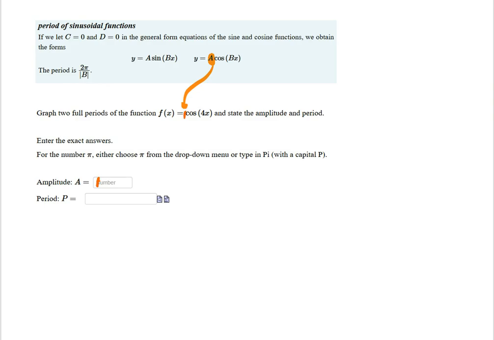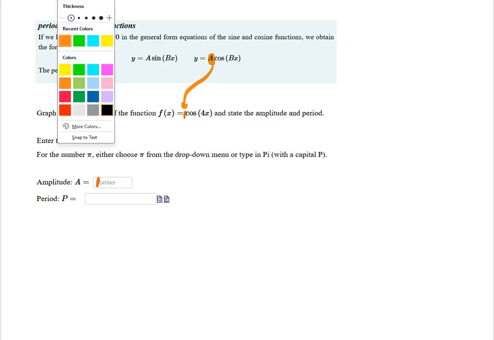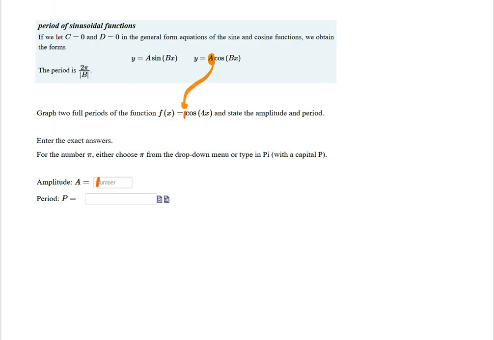And then your period is, let's go with this green, 2 pi over the absolute value of capital B, which capital B is right here, and in ours it's the 4.